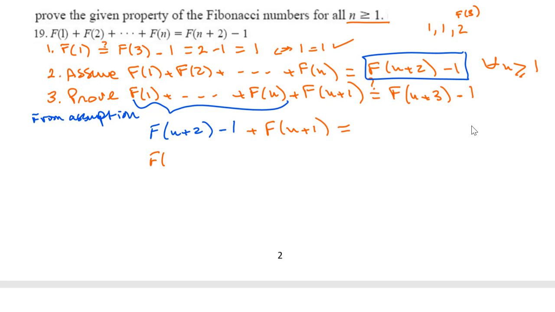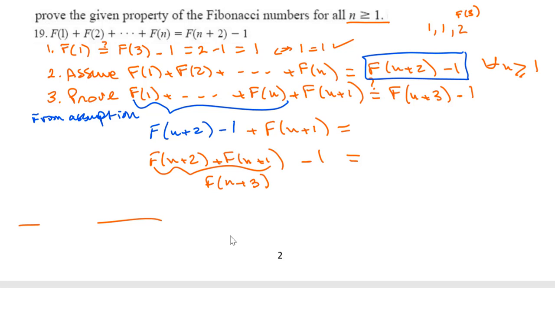Where would F(n+2) plus F(n+1) be? You know, this is also Fibonacci. So the previous ones, if one was F(n+2) and the other F(n+1), that means it's going to be equal to F(n+3).